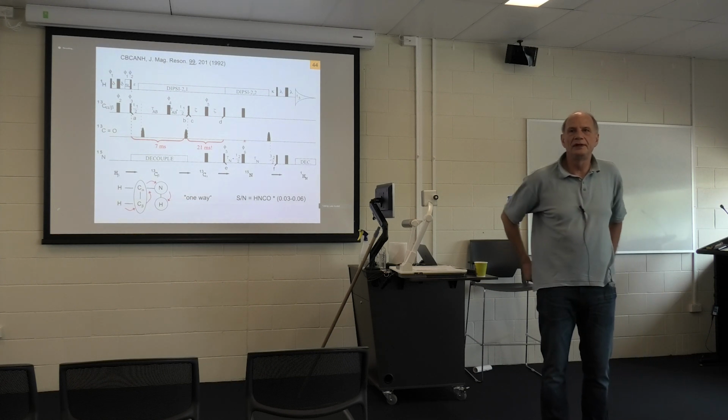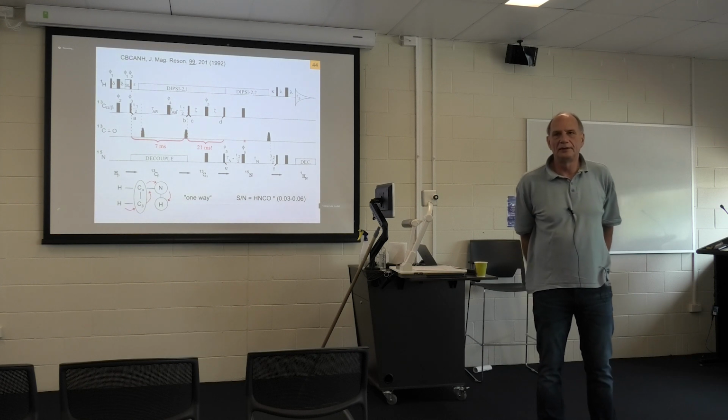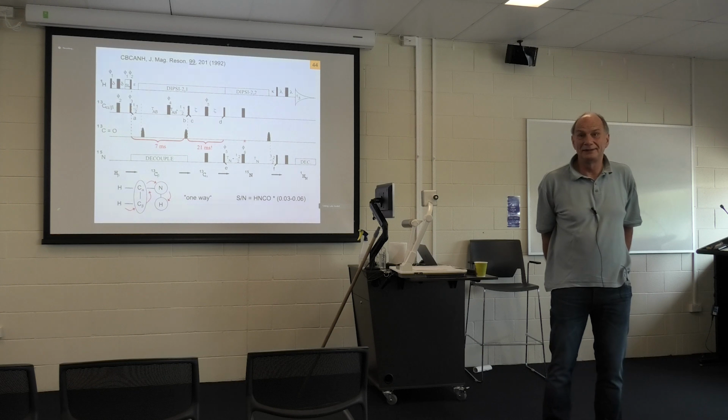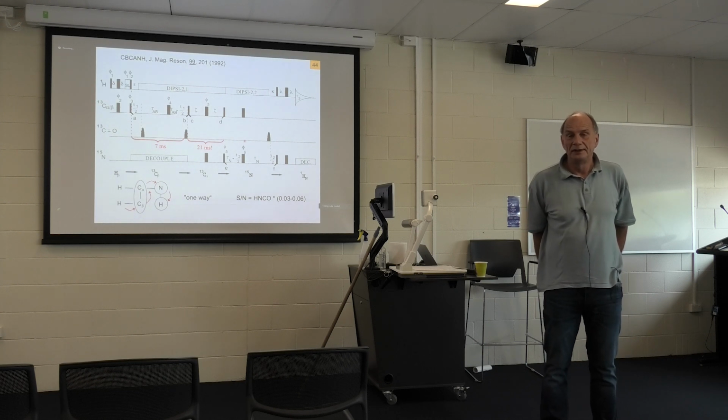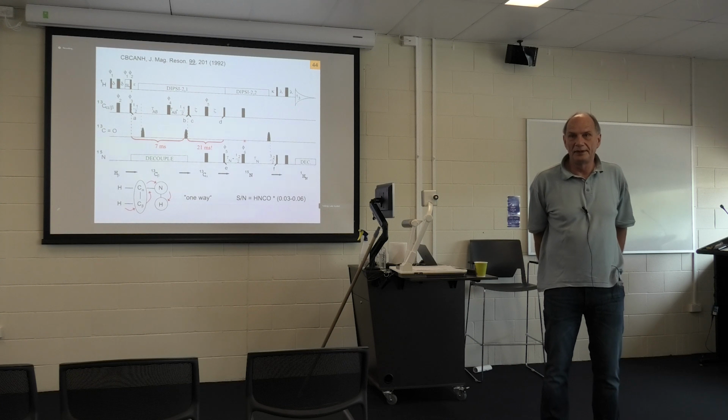So you don't see so many highly mobile amides. You often see the C-terminus is always a very strong signal. The N-terminus is not, because it's an NH3 plus and it's a base catalyzed exchange.